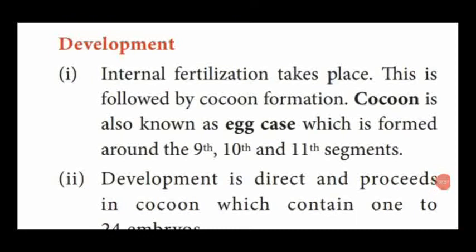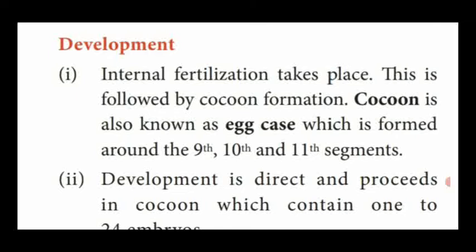Dear students, next we are going to see the development of the leech body. That means how fertilization takes place inside the leech body and produces the next generation. In the leech body, fertilization takes place inside the body, which is called internal fertilization.